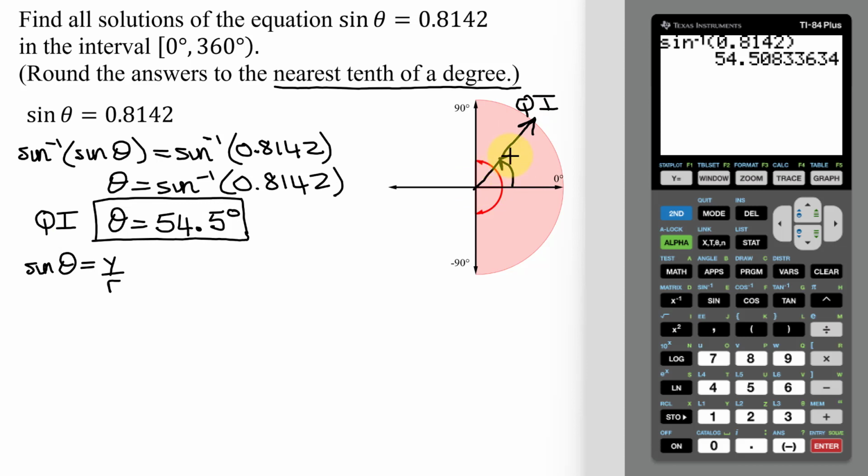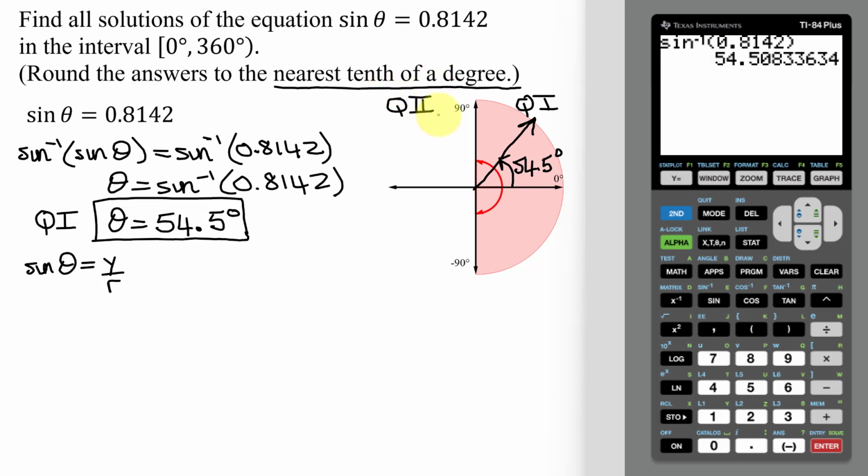There is my angle theta of 54.5 degrees. Now all we have to do is figure out, is there another quadrant in which the sine of theta could be positive 0.8142? Well, the y value is also positive here in quadrant 2.